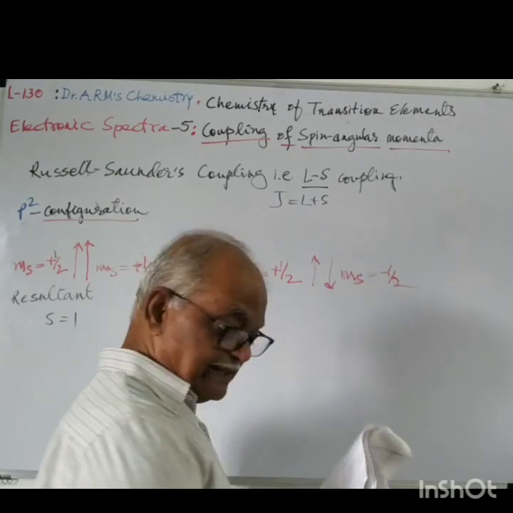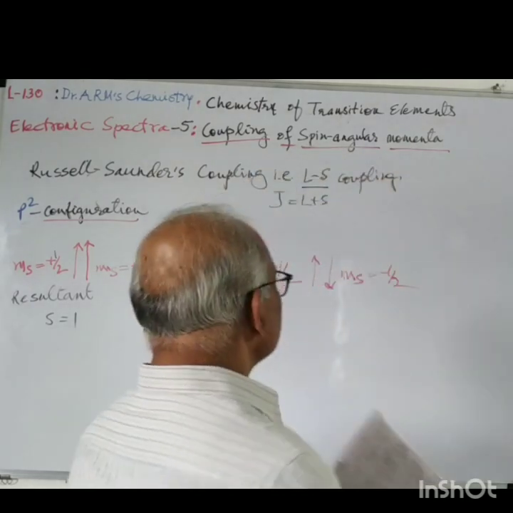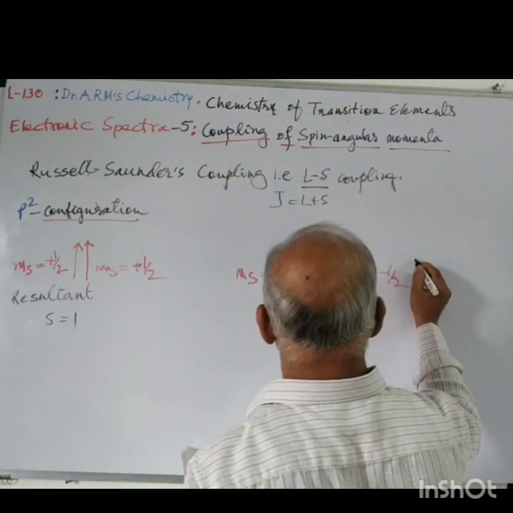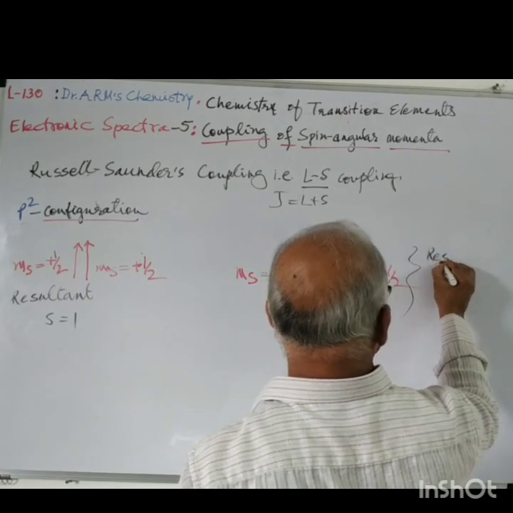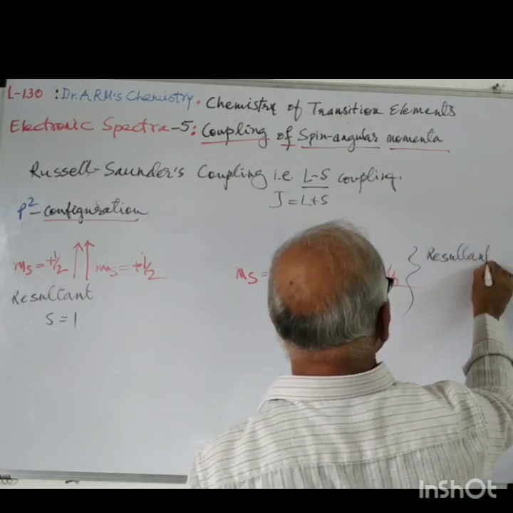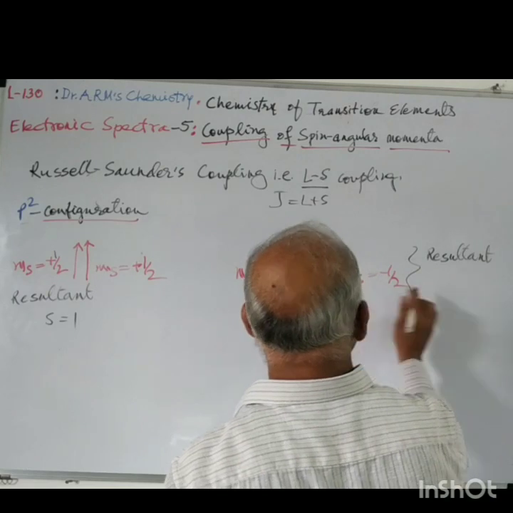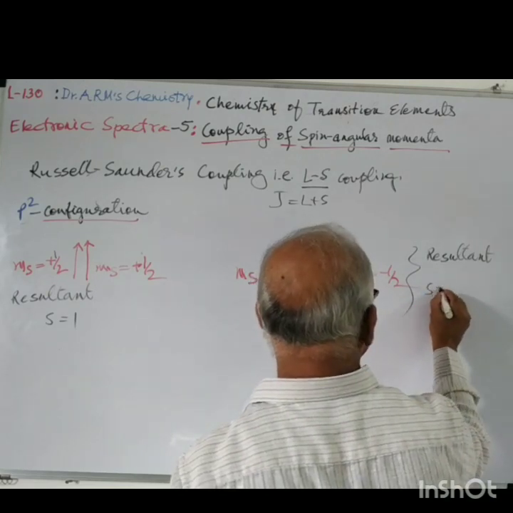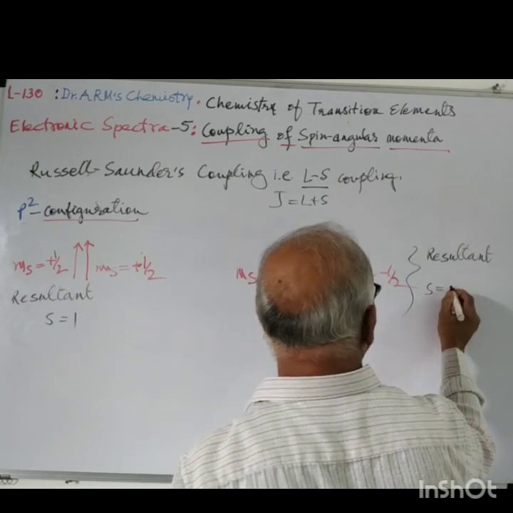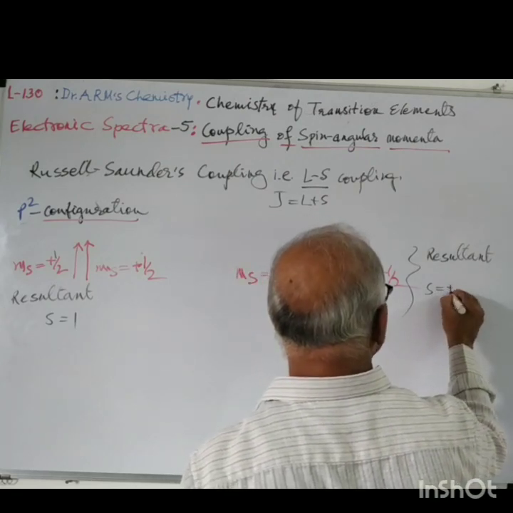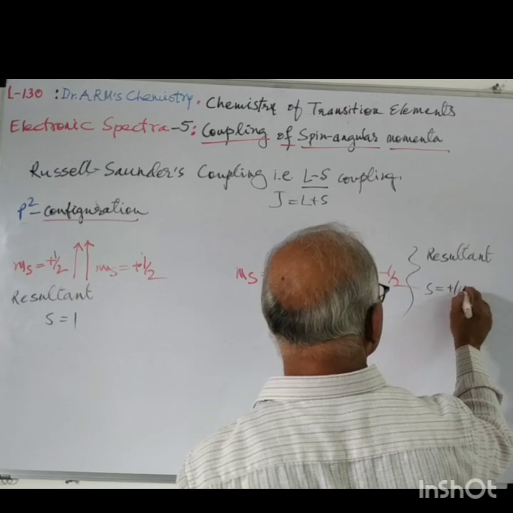So for such a case, the resultant of this ms value is equal to S, and that is plus 1/2 and minus 1/2, which cancel each other.